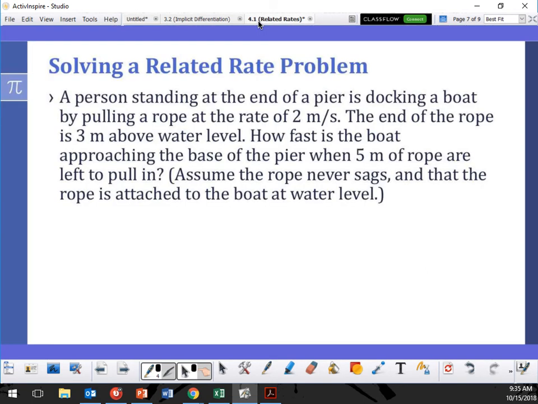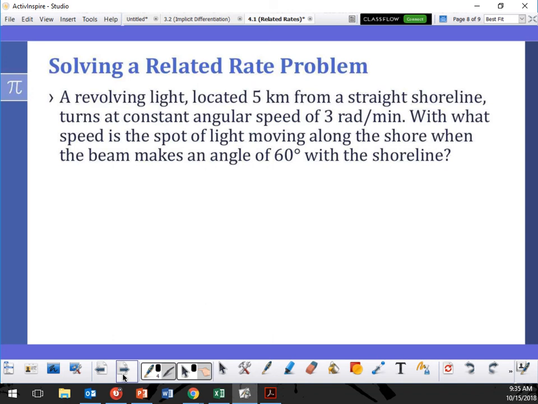All right. Let's see. Next one. A revolving light located 5 meters from a straight shoreline turns at a constant rate of 3 rad per minute. Okay, so let's go to the drawing board right here. So there is my lighthouse right there.